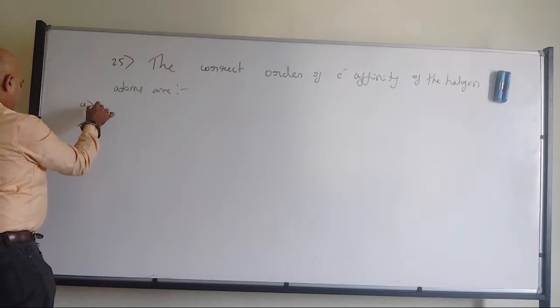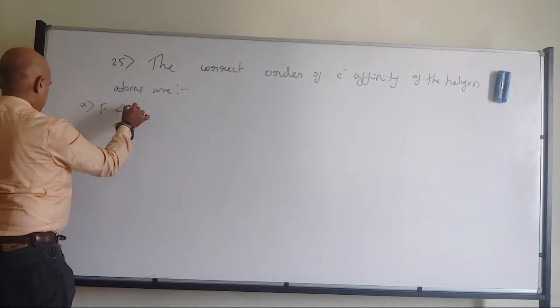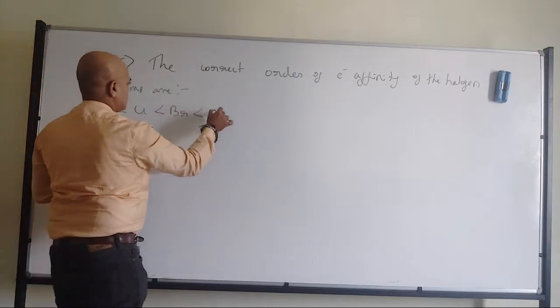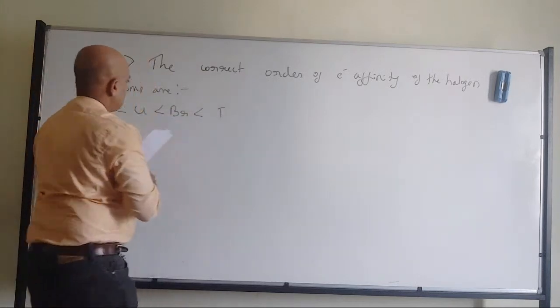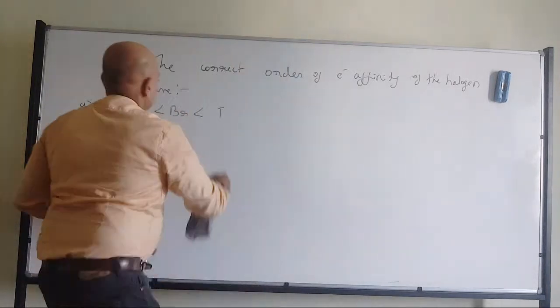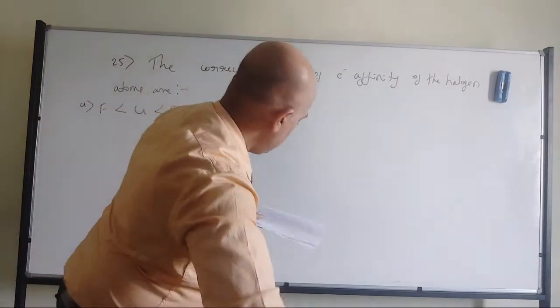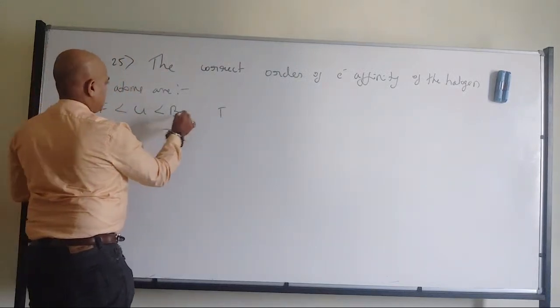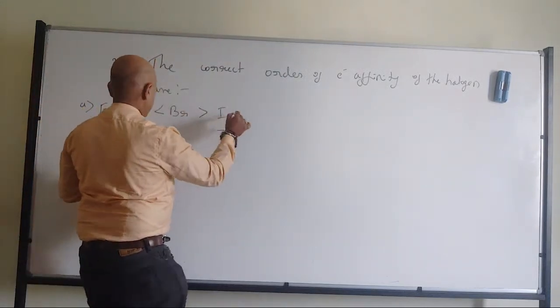Option A: fluorine less than chlorine less than bromine less than, okay, it's not continuous. So fluorine less than chlorine less than bromine greater than iodine.